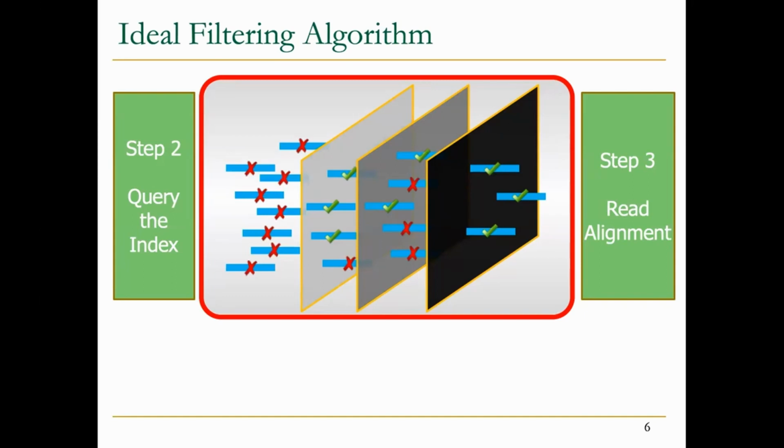And again, how we define good is based on the threshold. If the threshold is set to be 5, then we want locations that have 5 or fewer errors. Of course, the fewer the better. And after using the pre-alignment filter, we will still use the sequence alignment.